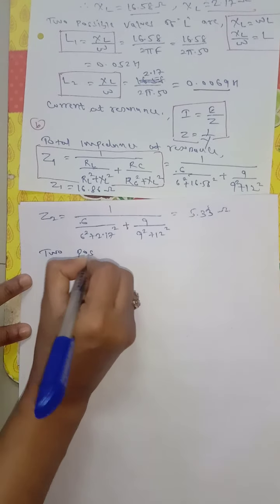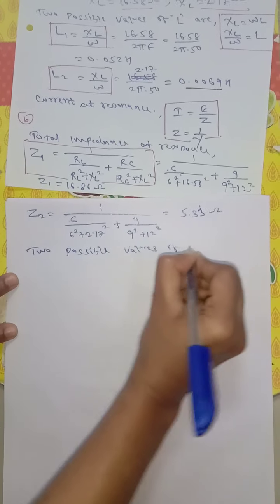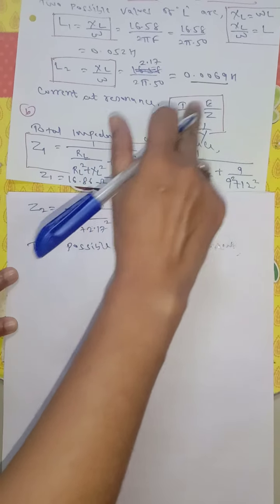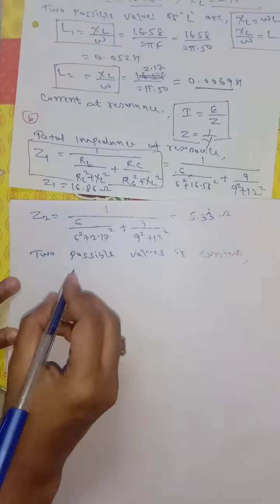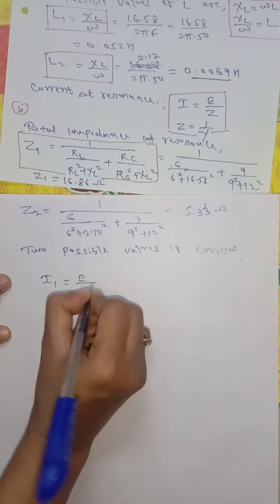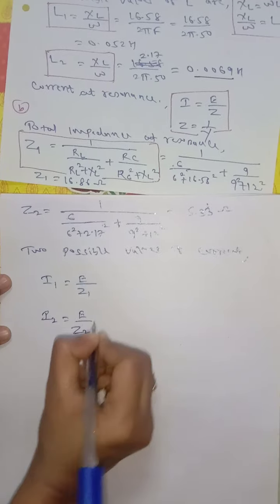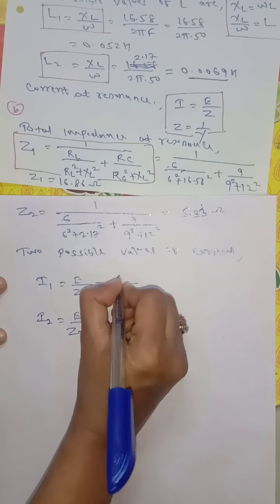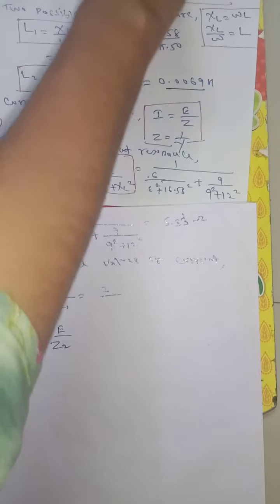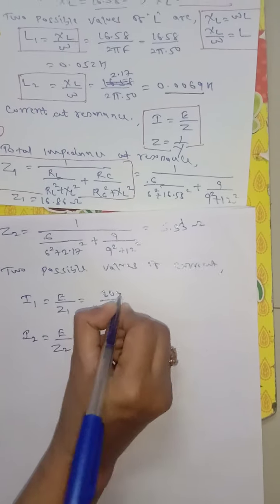Finally, two possible values of current. How can we get the current? Just because of this one, I is equals to V by Z. So what is my I1? I1 is equals to E by Z1. What is my I2? I2 is equals to E by Z2. The total voltage is 200, so definitely that total voltage can be divided into 2.